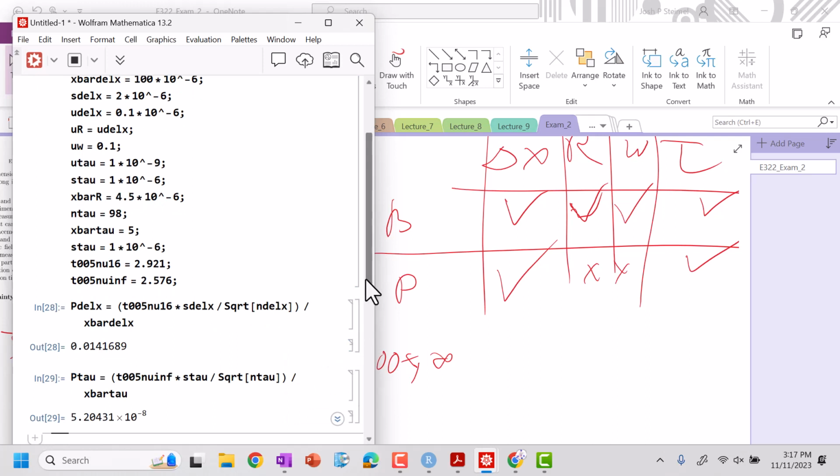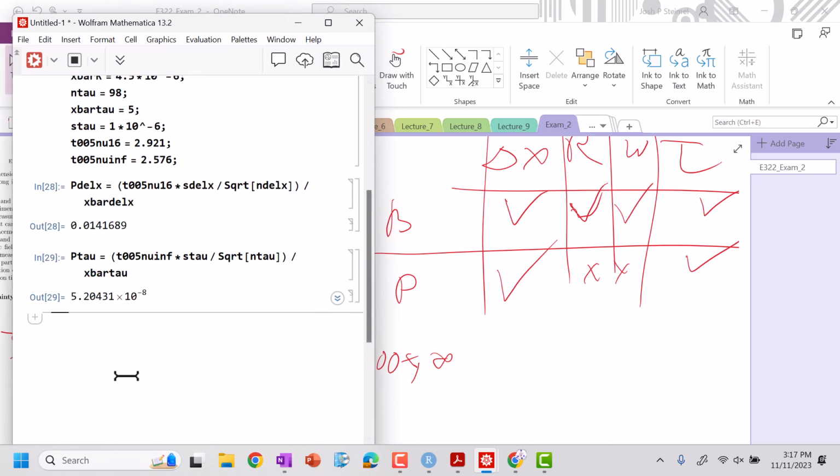Precision, bias, or now I need to do bias. So we have bias in everything, so I need to do d rp d del x, which is equal to the derivative of rp with respect to del x. I'm going to do the same thing here.